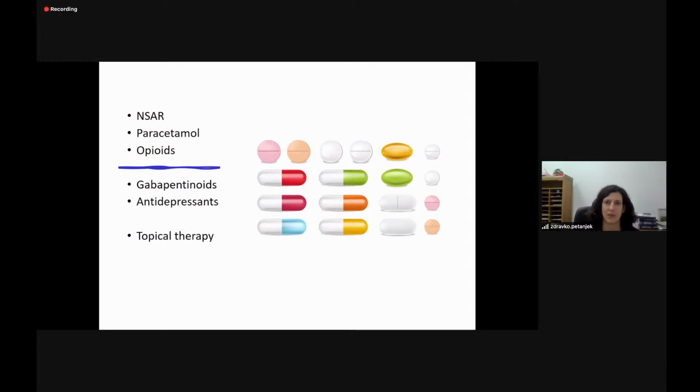And you have to use them for a short time, as little as you can to cope with the pain, and not for a long time, because there is kidney toxicity and there is heart toxicity.